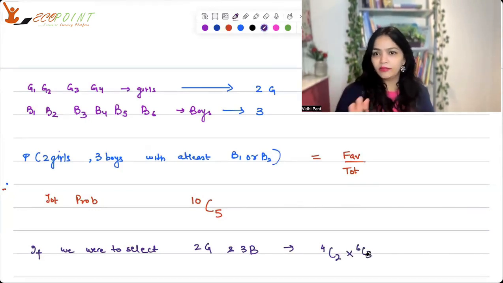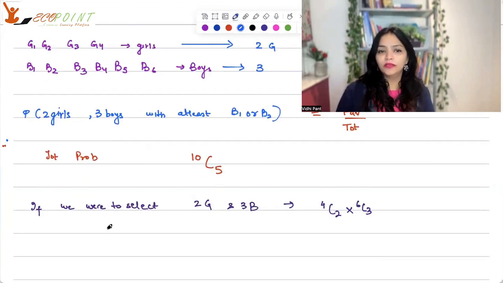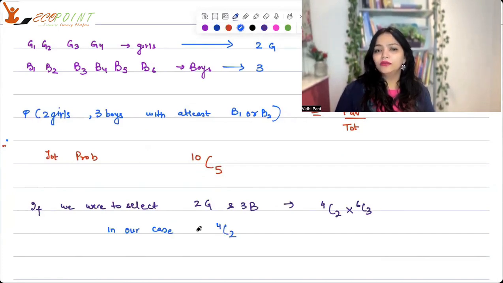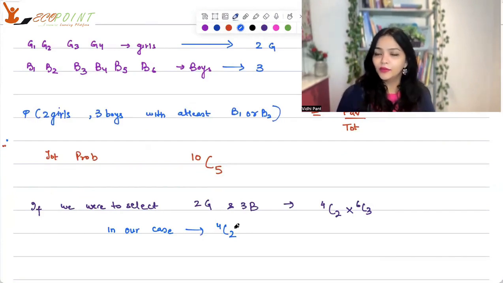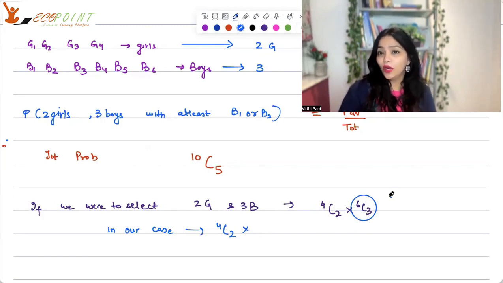Now 4C2 will remain the way it is because 2 girls have to be selected. But this 6C3 is not what we need. 6C3 would contain all kinds of cases, including where B1 and B2 are not there. And we don't want any such case.